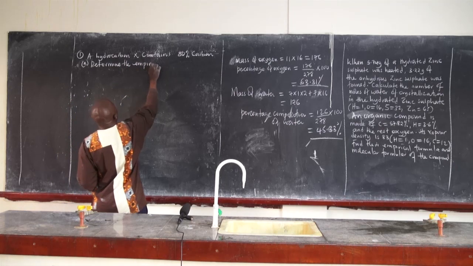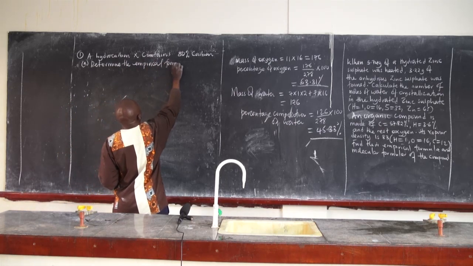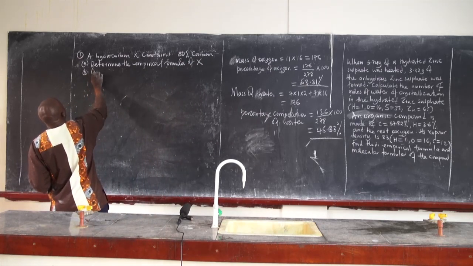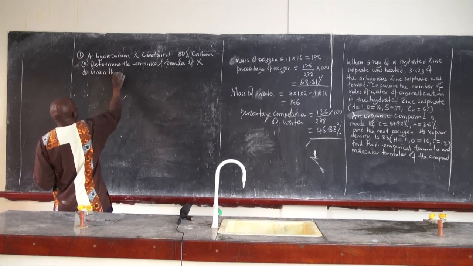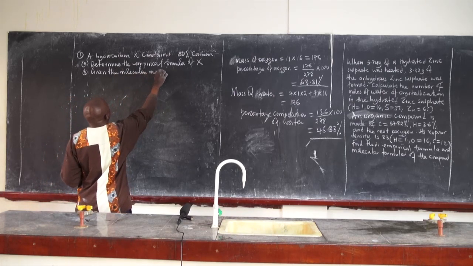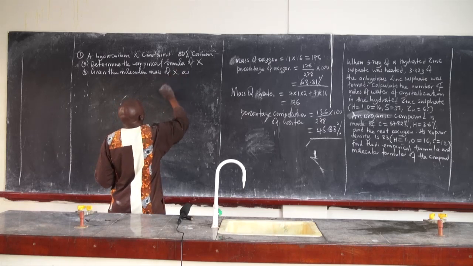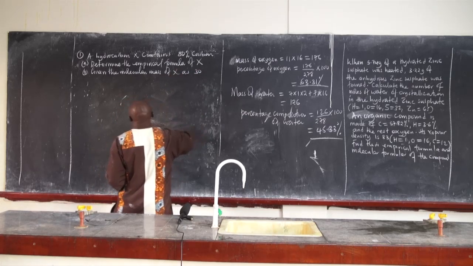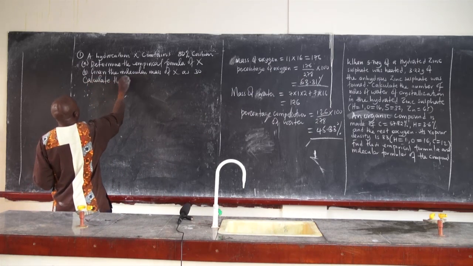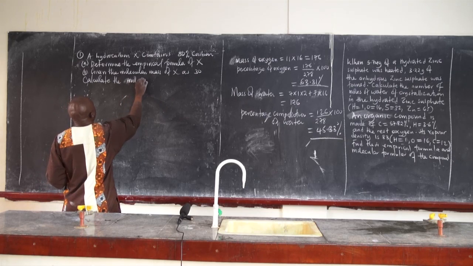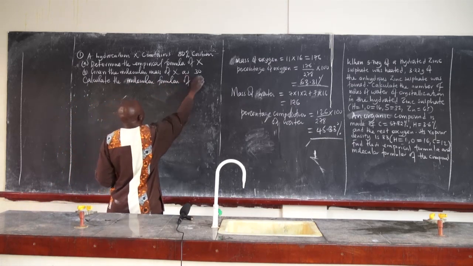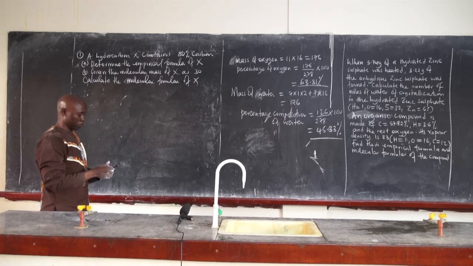Then part B, given the molecular mass of X as 30, calculate the molecular formula of X. Let's dive into that.